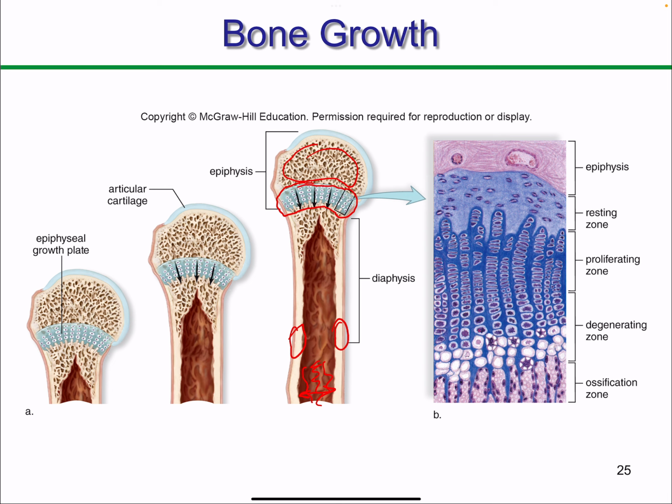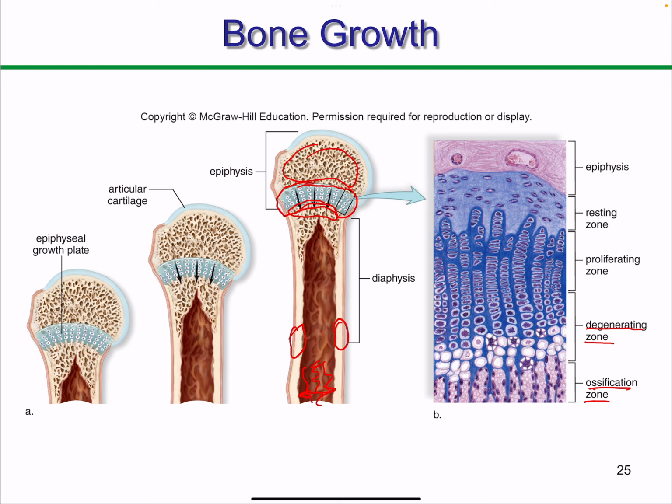And when we look at where growth is happening, what do we see specifically? We see the ossification zone. The ossification zone is where the bone is forming, right? Then we have the degenerating zone. The degenerating zone is where the hyaline cartilage is being broken down and replaced by the bone.